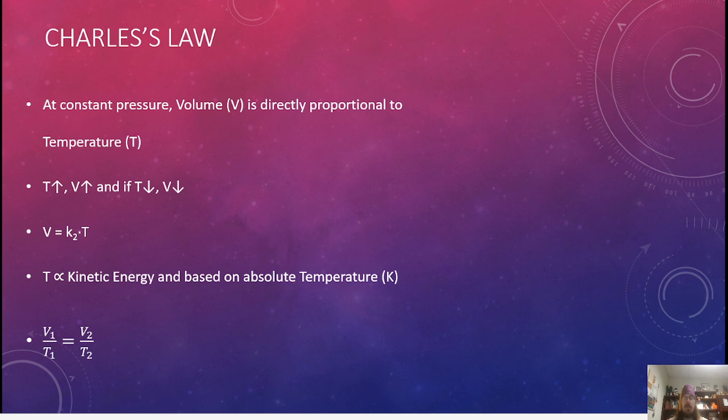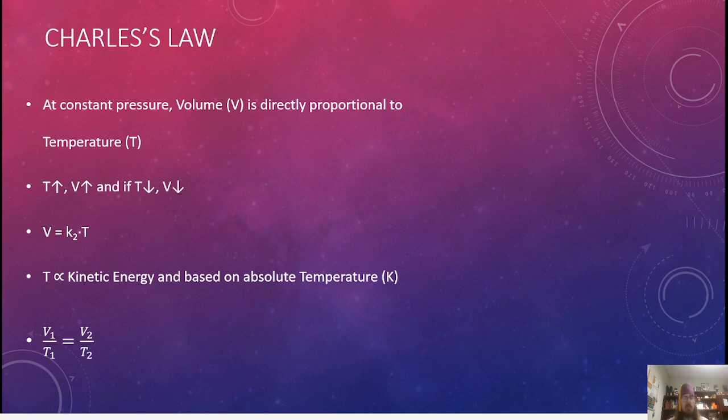So basically saying as temperature goes up, volume should go up. Temperature goes down, volume should go down. And we see that directly. You put a balloon in the freezer, it will shrivel up. As you allow it to warm up back to room temperature, it will expand to its original volume.